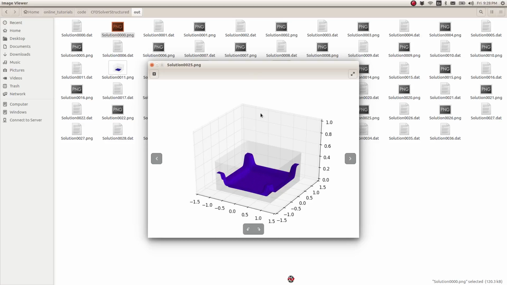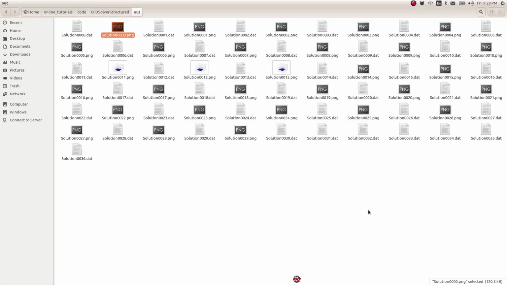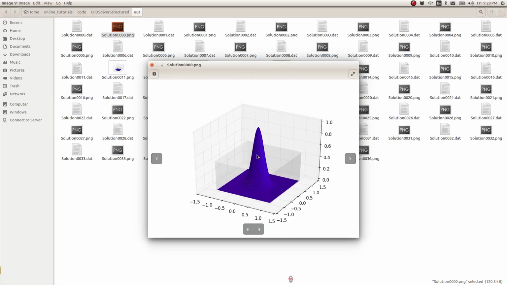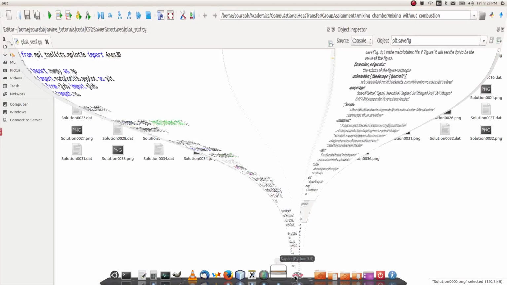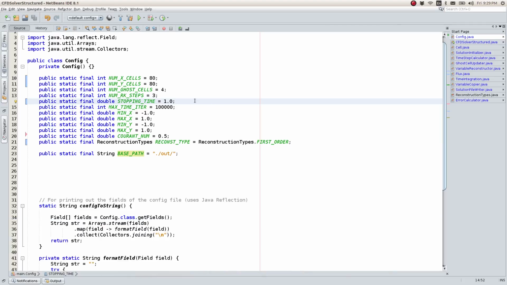But before we realize whether there is any mistake or not, or to check whether there is any mistake or not, let us use a non-symmetric initial condition. So let me use a dam break kind of a problem and check whether the results match the ones which we can expect from a dam break problem.